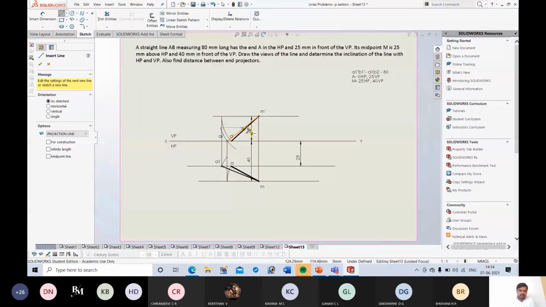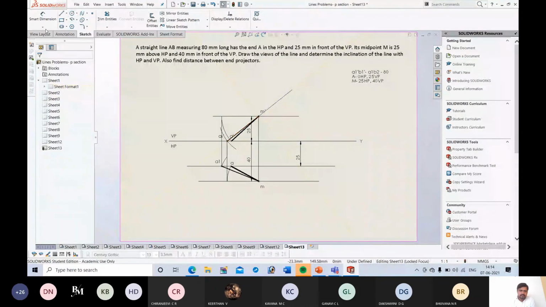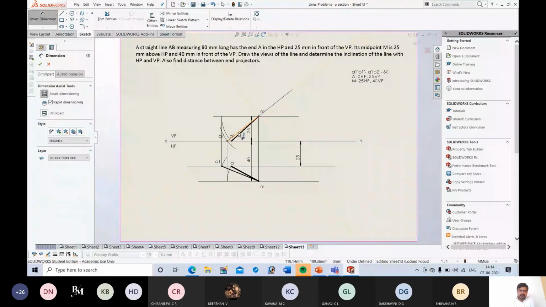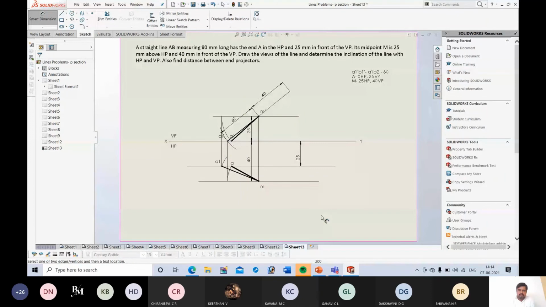So this should be 40, this also should be 40. After extending this for the remaining 40, I can draw the locus.